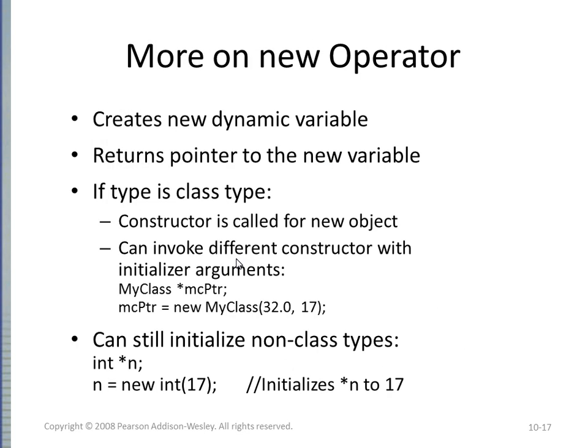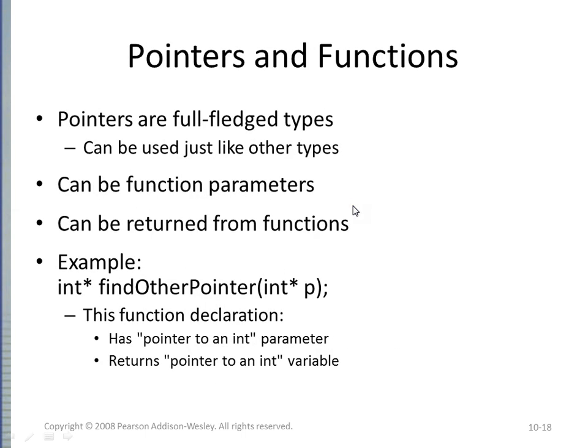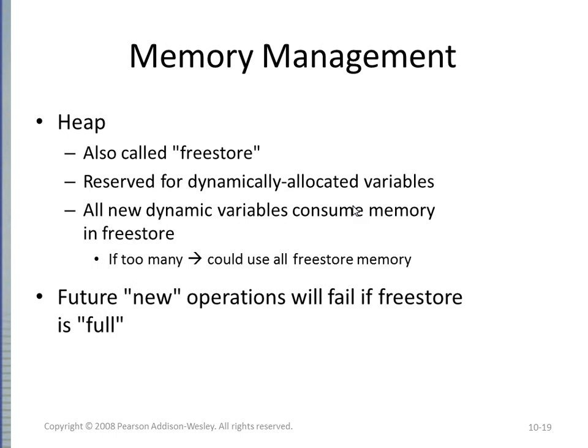It's called the heap. It's also known as the free store. So the heap or the free store is just a sequence of addresses inside the memory, which will be allocated by C++.